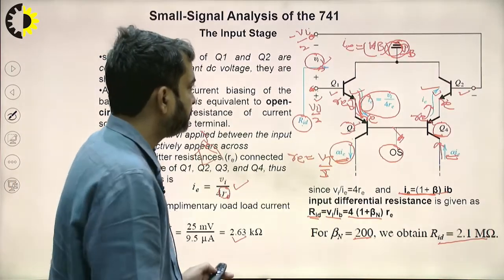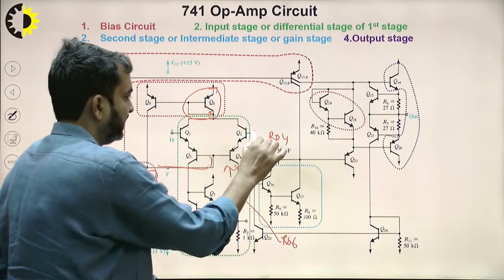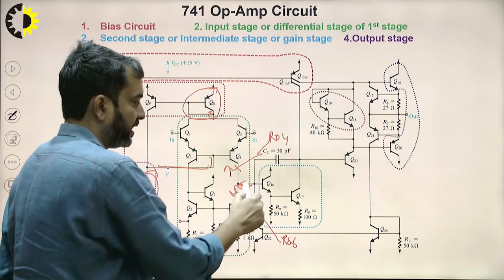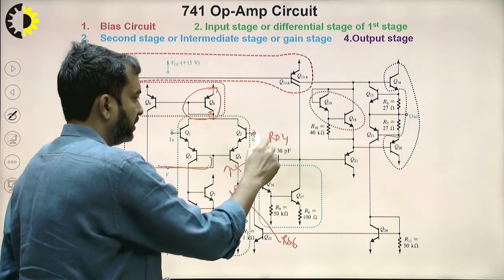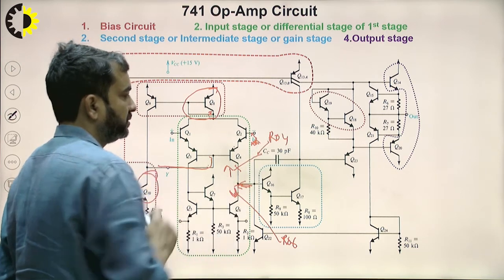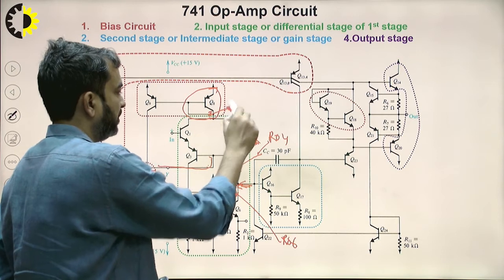Now, when we are calculating the output impedance, we will remove the inputs. This will be grounded and this terminal is also grounded.